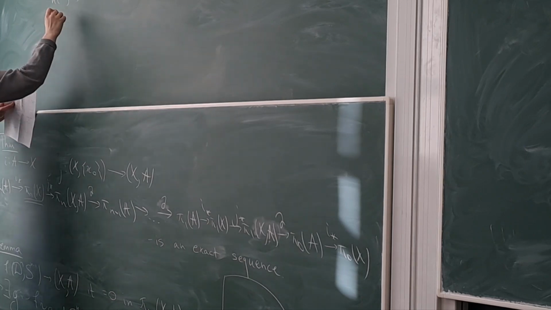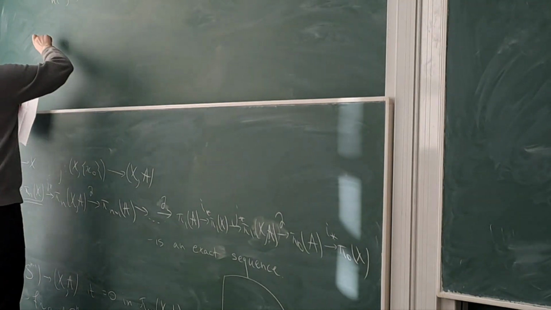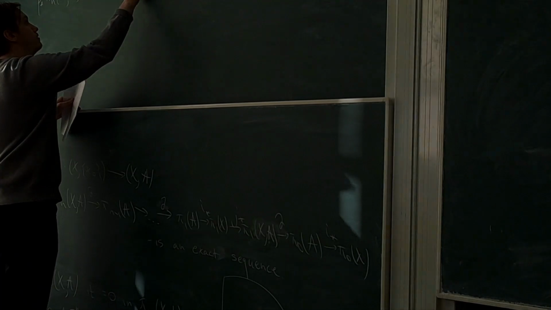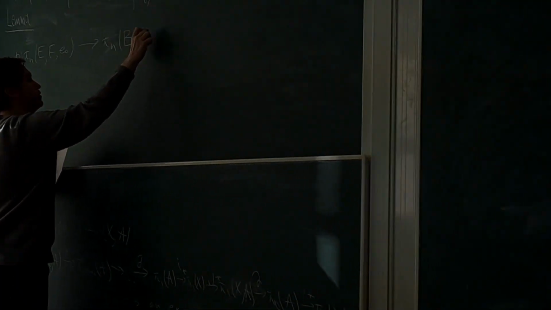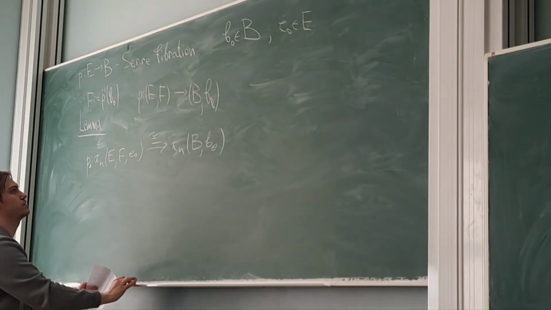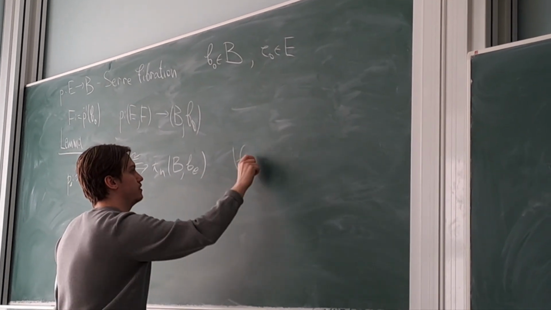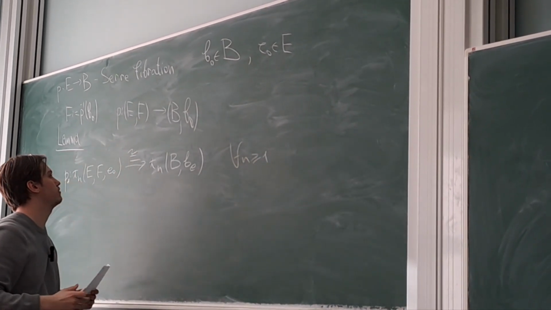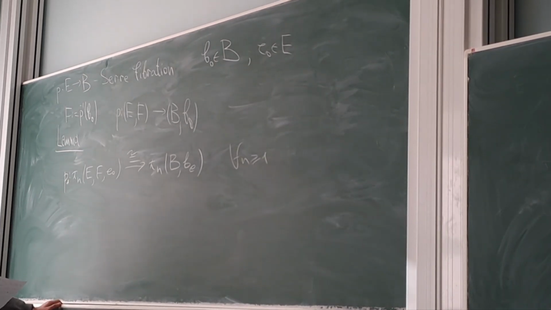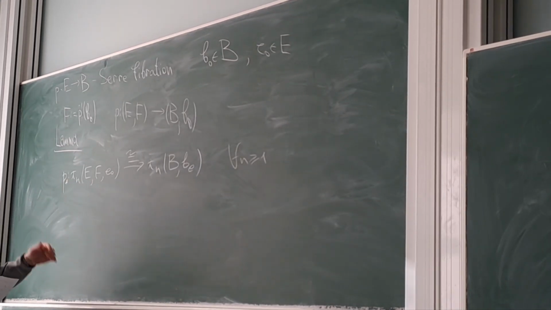So let me write here this point is 0, then it maps the Pn of E and F to Pn of B and B0, and I want to say that this is an isomorphism. So actually it is bijection for every n at least 1, because this part is defined only if n is at least 1.